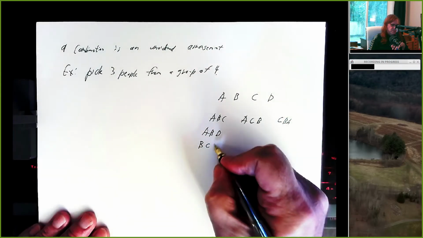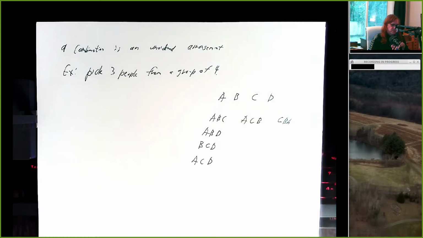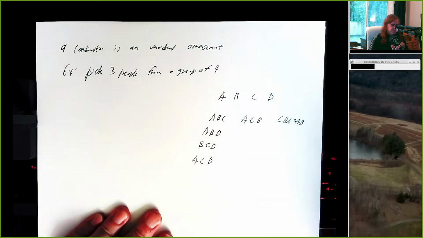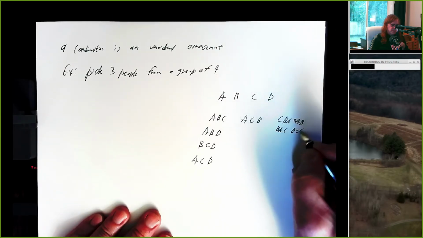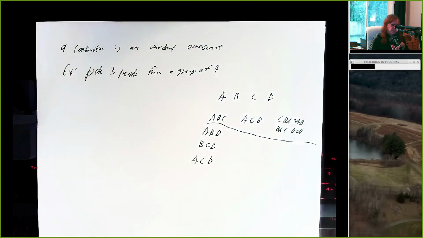If I pick BCD, that's a different set. If I pick ACD, that's a different set. So all of those choices represent the same group of 3 people.